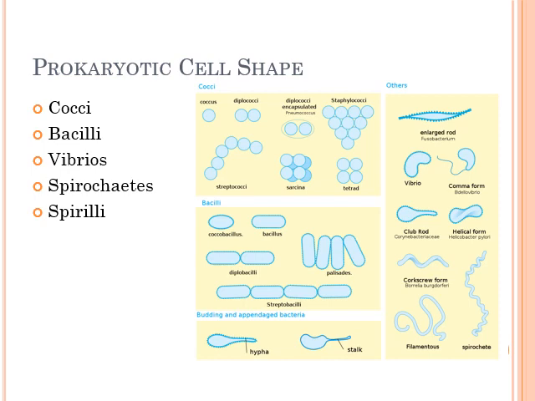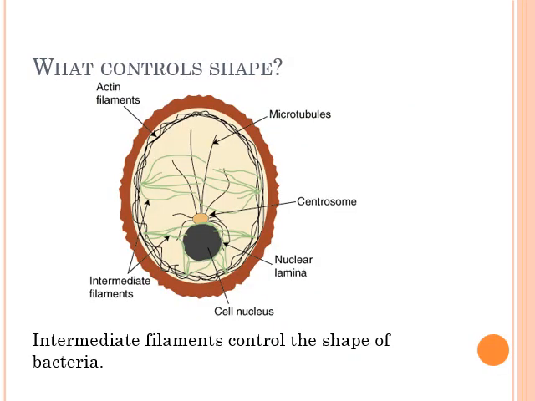Prokaryotic cells can be classified as cocci, bacilli, vibrios, spirochetes, or spirilli. As I just mentioned, intermediate filaments networked across the cell are going to control the ultimate shape of the bacteria. They're going to give it that round shape, or that long shape, or that spiral shape, or that Cheeto-looking shape.